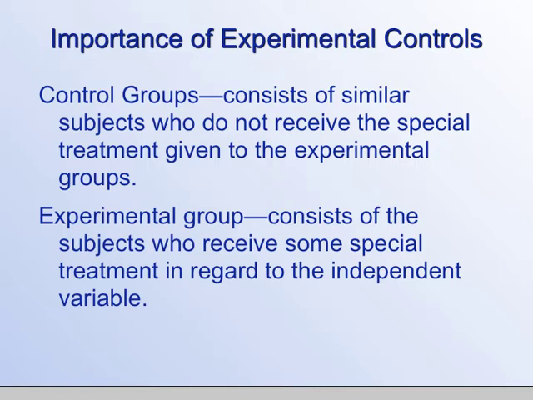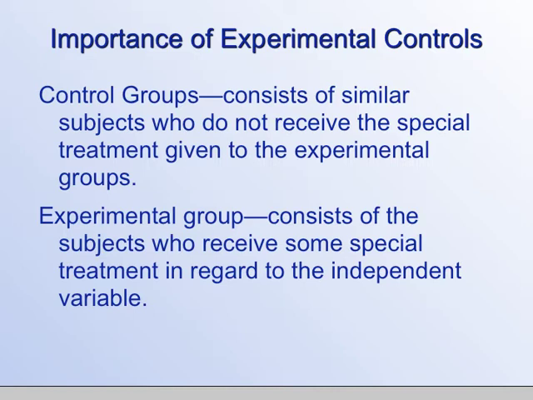The control group is a certain amount of a cohesive cross-section of that entire group that does not receive the diet pill. They receive a placebo, a sugar pill, in replacement. It's important that they receive the placebo to think that they are, in fact, receiving the drug.